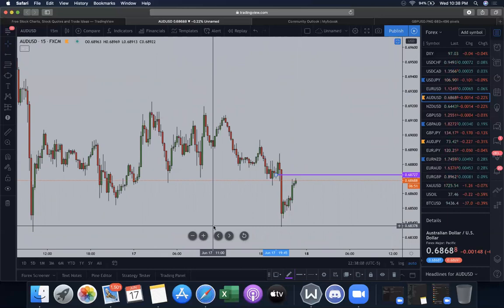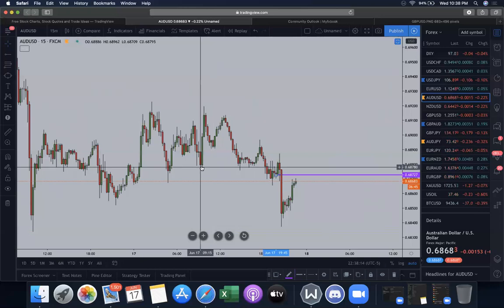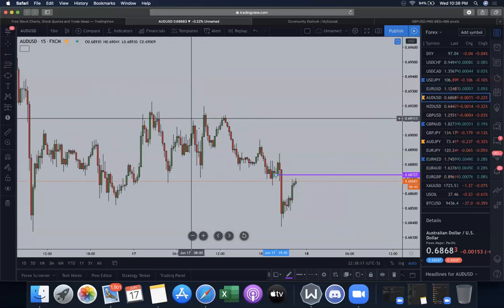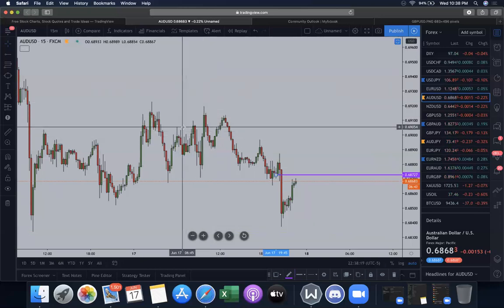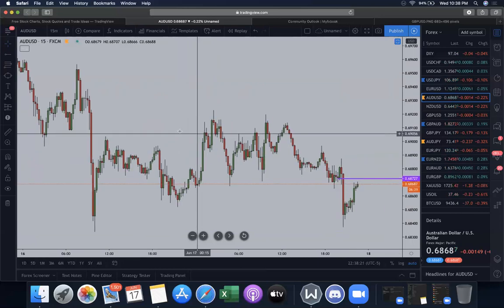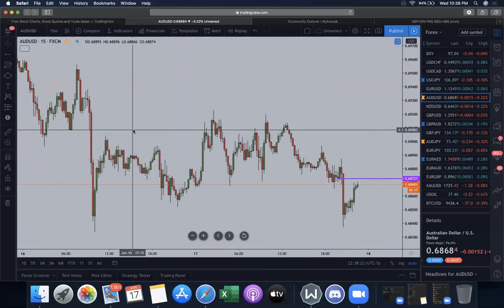So for it to take out equal highs, does it have to take out the wicks? No, as long as price is spiking above. Even this is equal highs and this is wicking above. It doesn't really matter. The wick and the candle body, it's price action. You could look at a 14-minute time frame and it might be the candle body, and then on the 15-minute, it's a wick.